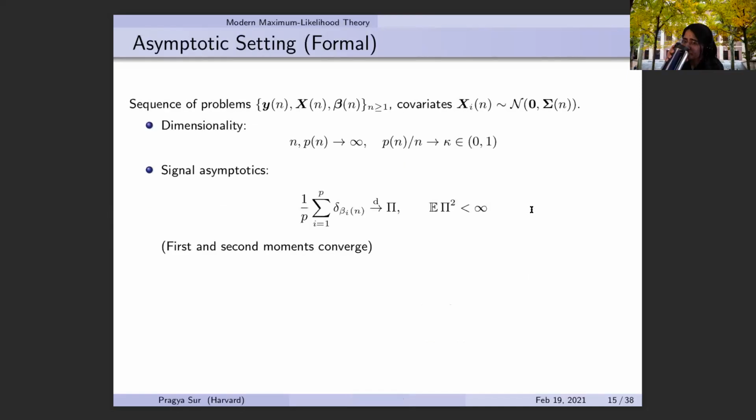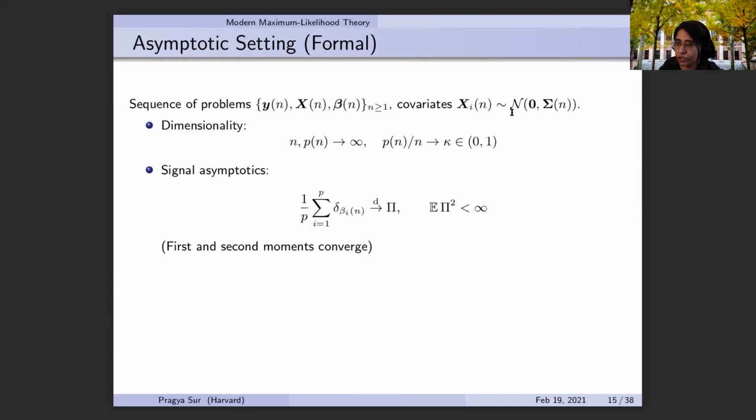Okay, so let me lay out the formal setting, because I'm going to look at these kinds of asymptotic situations. To abstract things away, we will assume that we have a sequence of problems as n is changing, such that the covariates are Gaussian with some covariance.